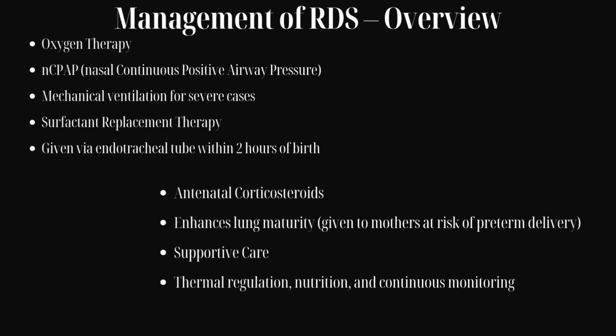Nasal continuous positive airway pressure, that's NCPAP, helps keep the alveoli open and is the preferred initial mode for mild to moderate respiratory distress syndrome. Mechanical ventilation is used for severe cases where CPAP fails.